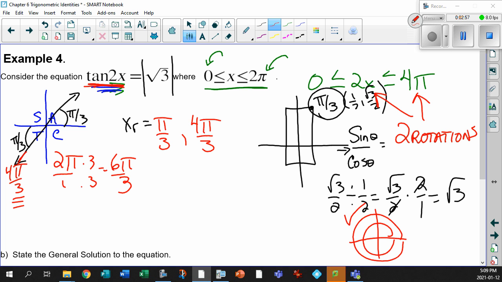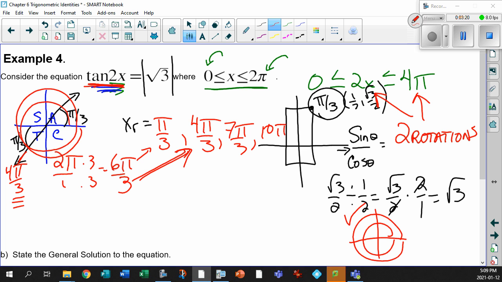So basically, all you have to do is add 6 pi over 3 to these 2 guys, and here's the first rotation. There's the second rotation, right? Coterminal angles. Okay, so 6 pi over 3 plus pi over 3, your next one is going to be at 7 pi over 3. Your next one added to this guy is going to be at 10 pi over 3.